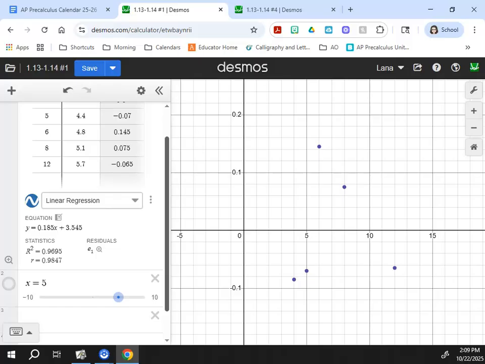Okay, when you look at 5, if I click on this right there, that's our negative 0.07 because that's the distance from the line. It's negative, but the prediction is an overestimate. Does that make sense to you? Because we're saying overestimate with negative, I see where that can get mixed up.